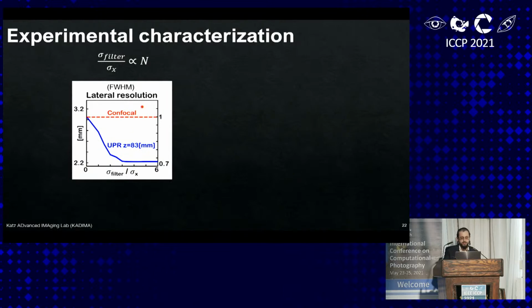If we look at the lateral resolution as a function of filter size, we're measuring filter size in units of the effective PSF main lobe width. You can see that the main improvement in lateral resolution, up to about 20-25%, is in the first two main lobe widths, and that's where most of the signal is.